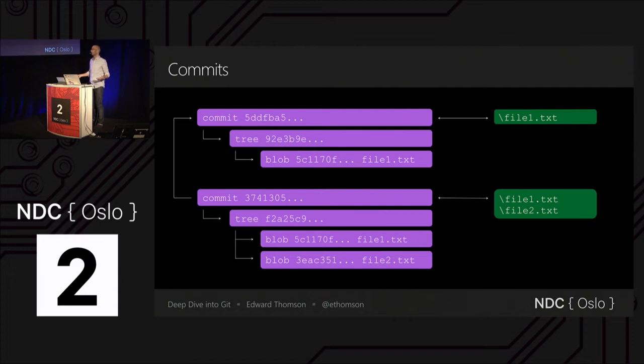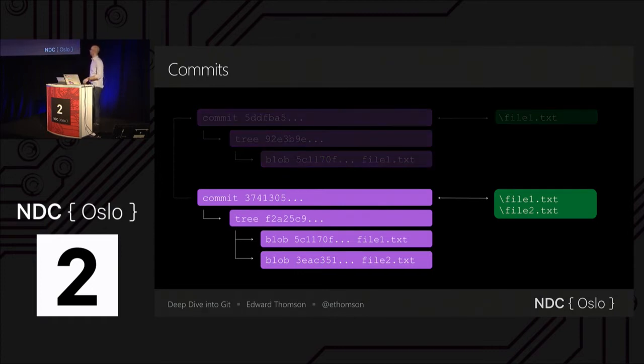It hasn't changed. I'm only adding file2.txt. So I get a lot of space-saving benefits. I'm just compressing the repository without even trying, because I don't need to add another copy of file1.txt when it hasn't changed. So to add a new file, we just put a second entry into our tree, file2.txt. The tree entry does change, right? It's a different tree now, so its SHA-1 ID changes. And then we create a commit on top of that. So we don't have to duplicate that at all.